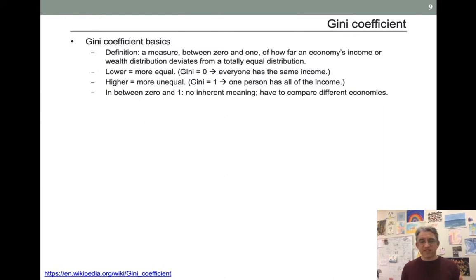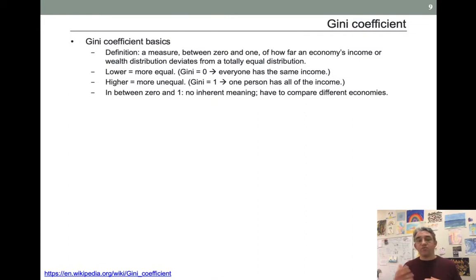The definition is this: it's a measure between 0 and 1 of how far an economy's income or wealth distribution deviates from a totally equal distribution. So lower is more equal and higher is more unequal. And the caricatures of that are the endpoints. A Gini of 0 is when everyone has exactly the same income.